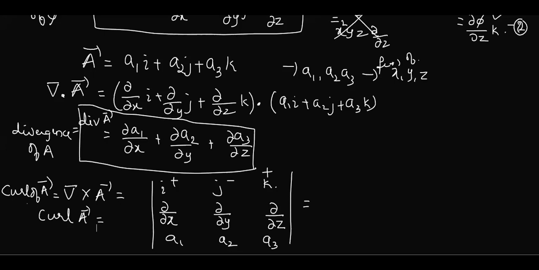See, confusions are very, very less. Divergence: what is the first letter? D. Dot product, what is the first letter? D. Isn't it matching? Curl means C and cross is also C. So no confusions with words.